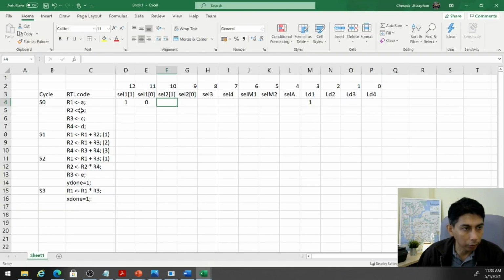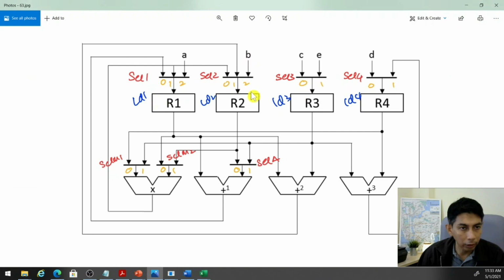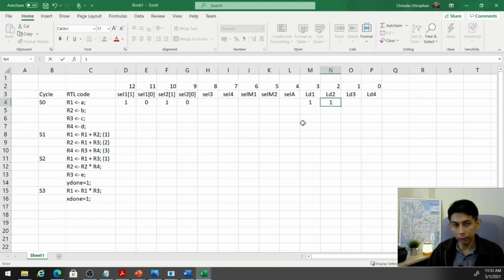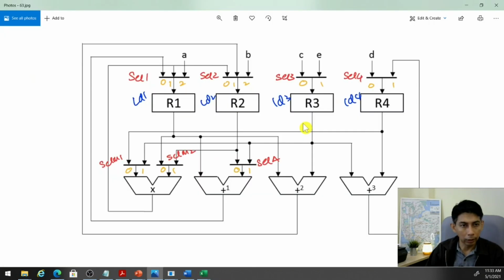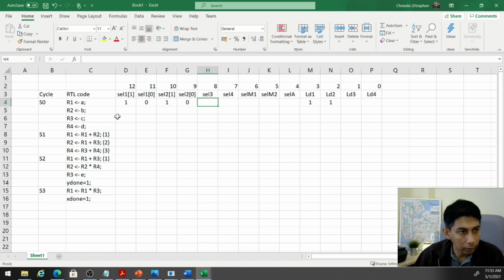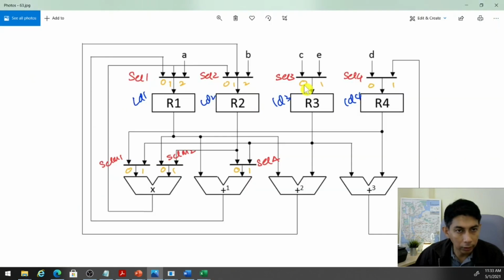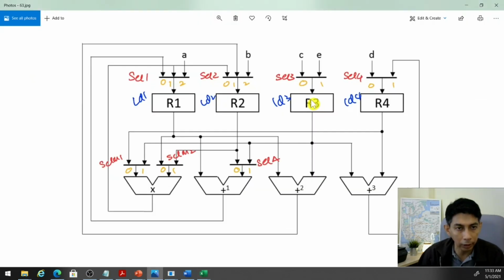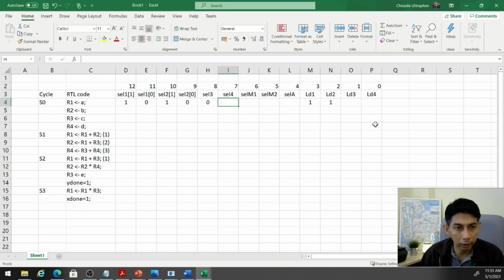What about B to R2? Again the same: SEL2 must be number 2 or 10, and LD2 must be 1. And here, C to R3: SEL3 must be 0, and LD3 must be 1.